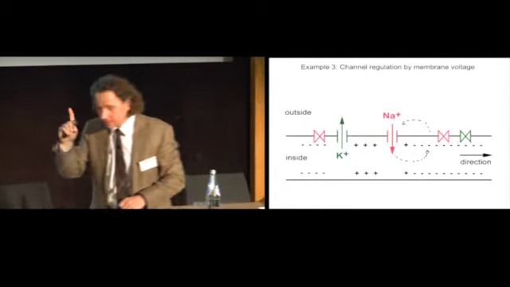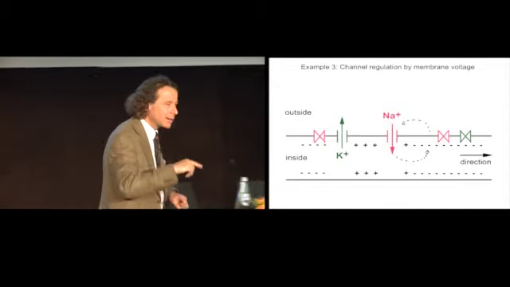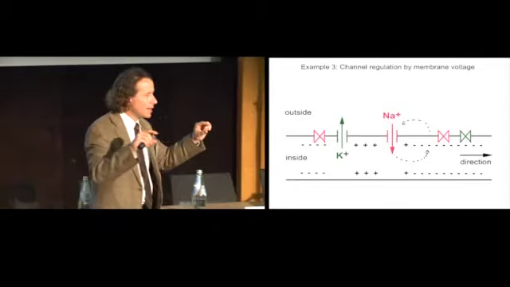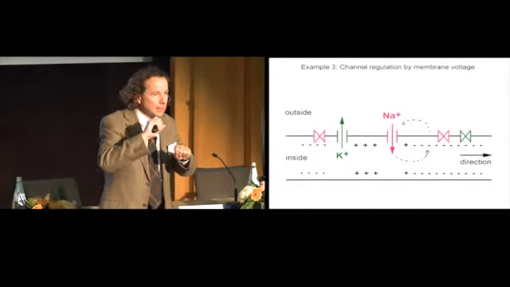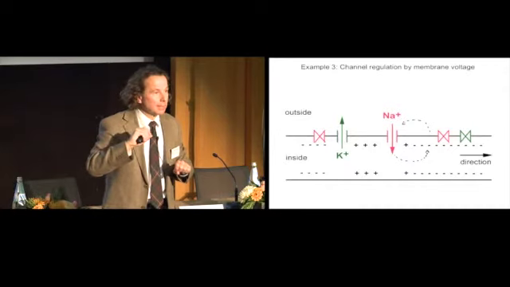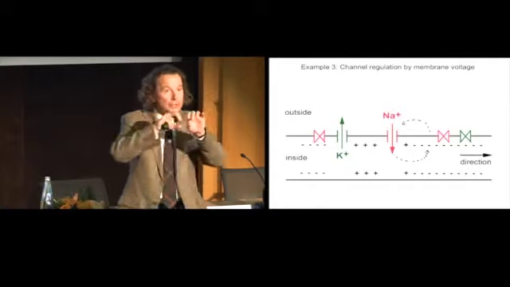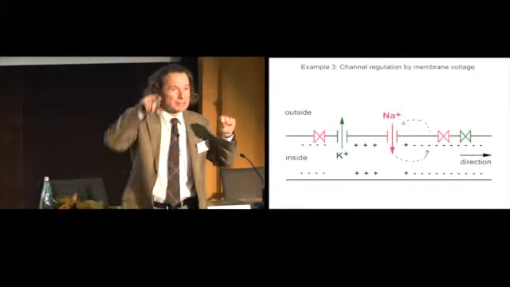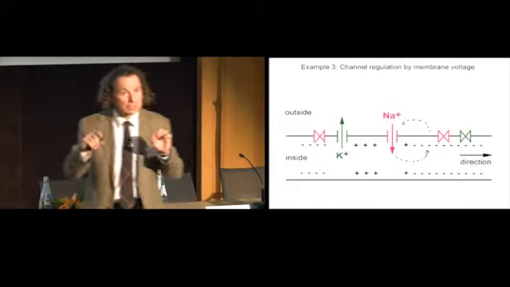Now, this is a funny thing I'm describing and a little complicated, because I started out this talk by telling you that because there are ion gradients and channels, they electrify the membrane. But now I'm telling you that the electricity or the voltage on the membrane is actually telling whether this kind of channel can open or close. It's controlling. So that's recursion.